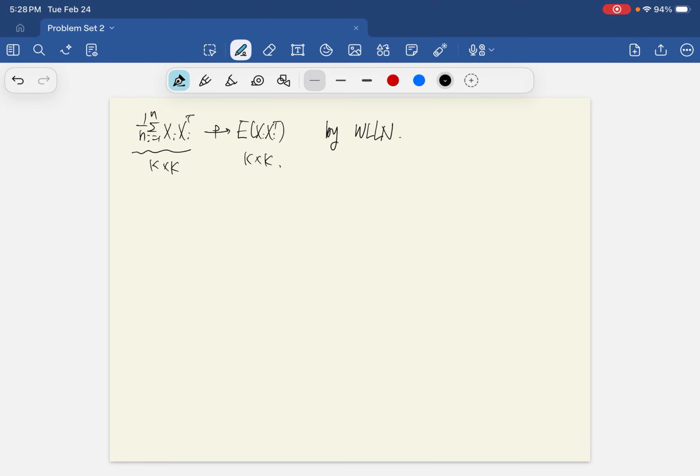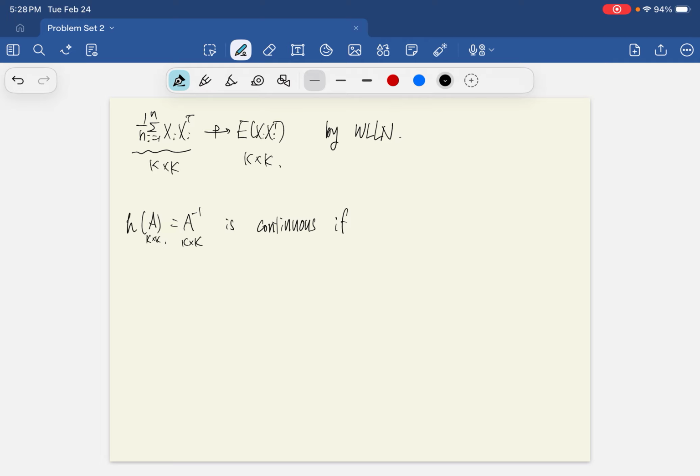So remember, if you think about a function h, say h of A equals A inverse. This is an inverse function, right? If you enter a k by k matrix, then it returns a k by k matrix that is the inverse of the matrix.